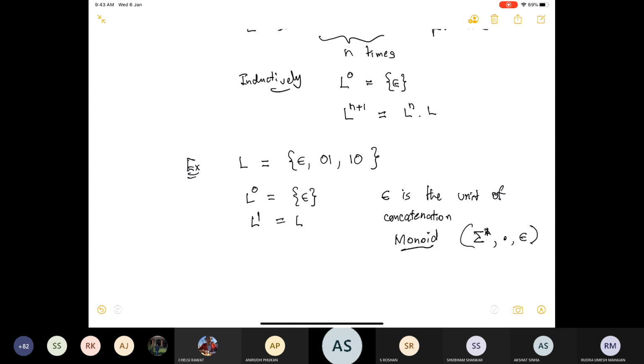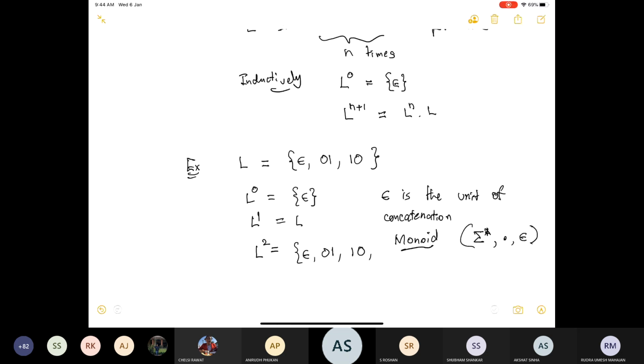So L to the power 1 is L, and what is L squared? If you concatenate epsilon with epsilon, you get epsilon. If you concatenate epsilon with any other string here, you get that same string. And then you have to concatenate 0 1 with all the strings.